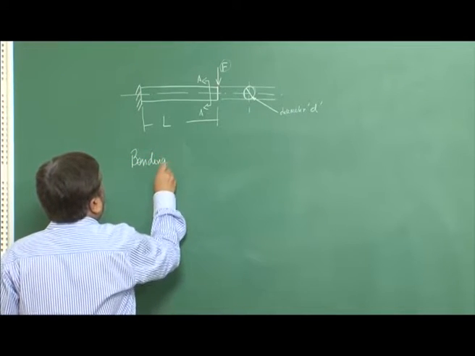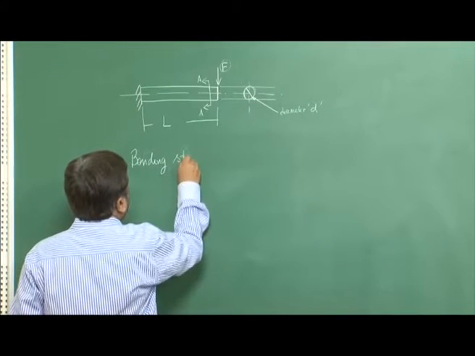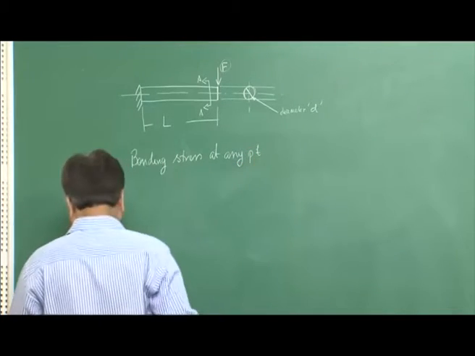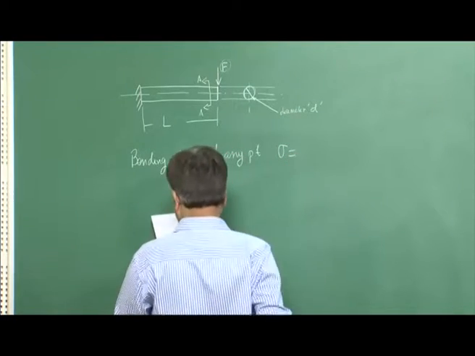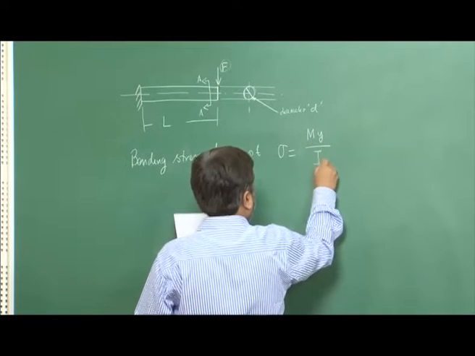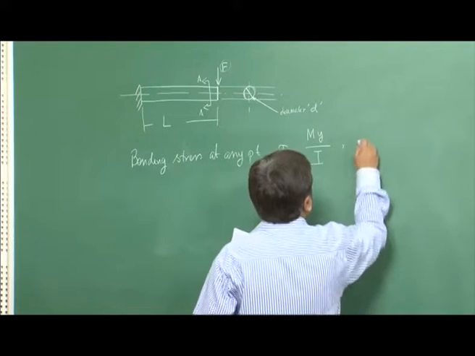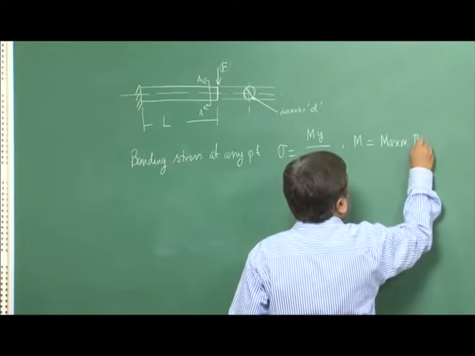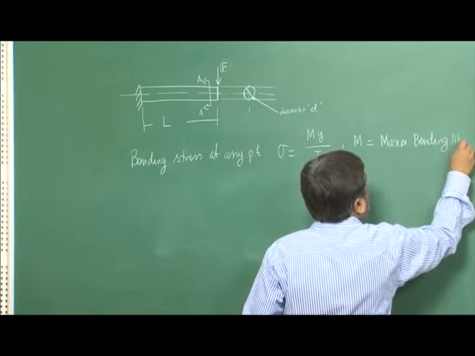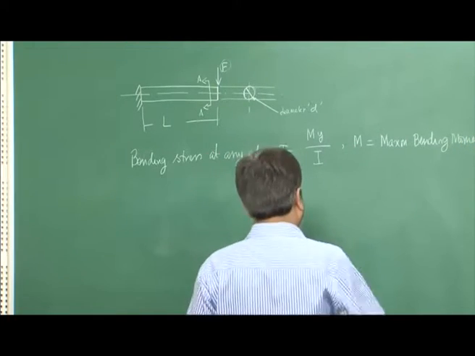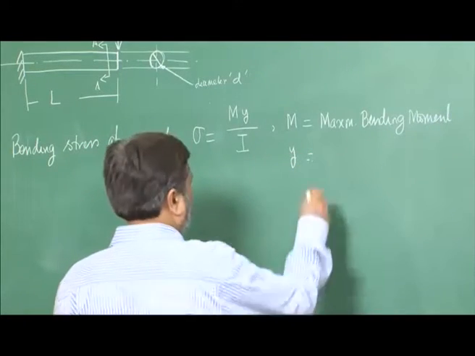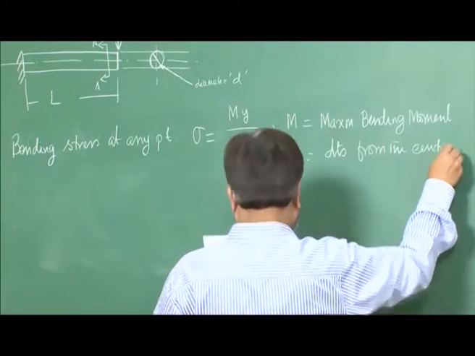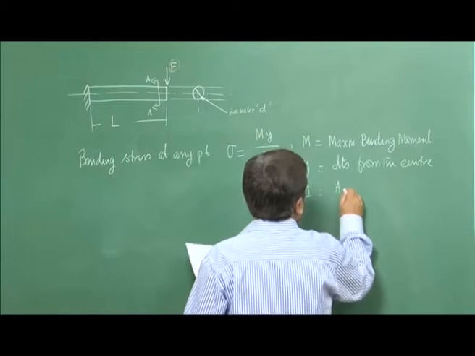As it is evident that the beam is undergoing bending, it is the bending stress which is critical, and that can be defined at any point by the simple relationship sigma equals M y over I, where M is the maximum bending moment, y is the perpendicular distance from the center, and I is the area moment.